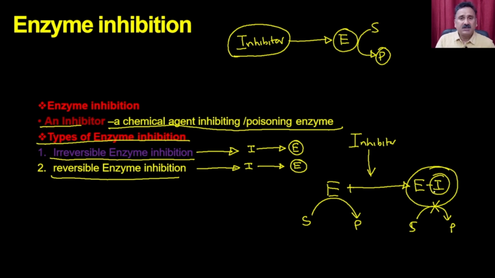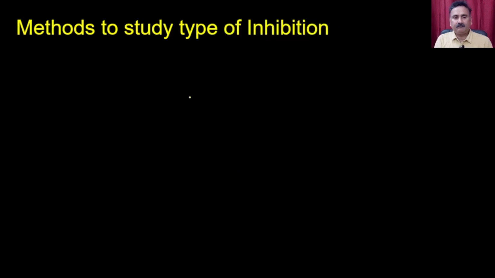But this information is not complete until you know whether the inhibition is reversible or irreversible. So the first thing you have to understand is whether the inhibition is reversible or irreversible, and how we can use different methods to understand this.